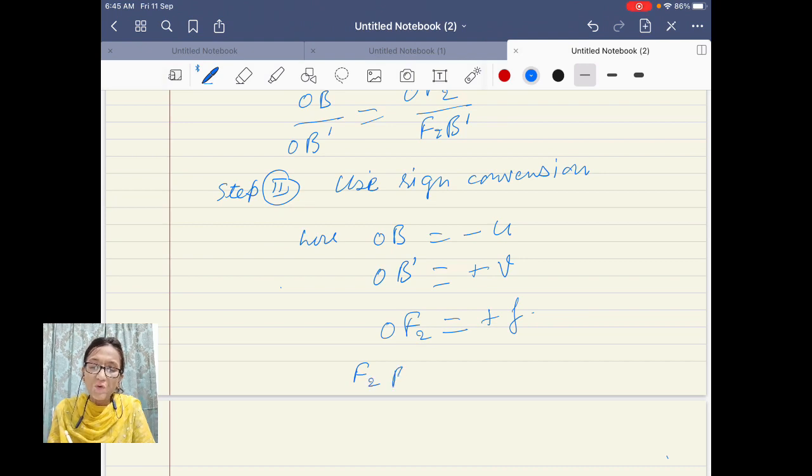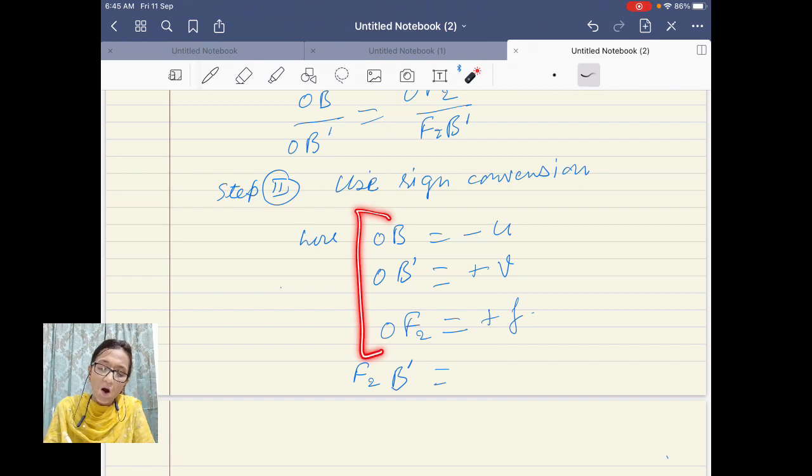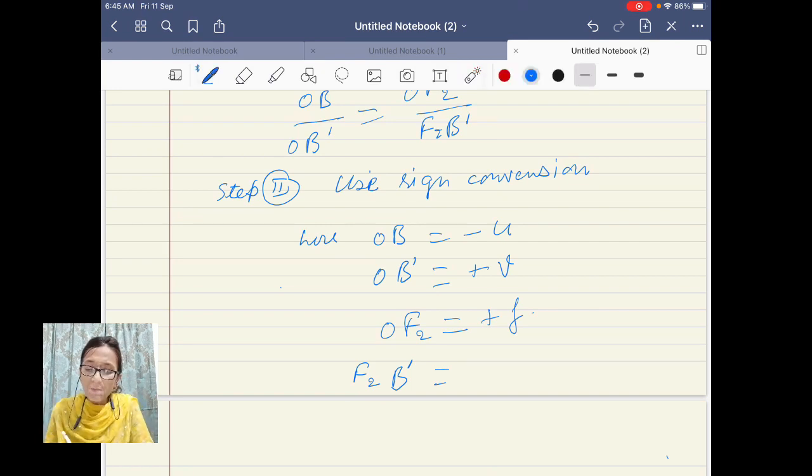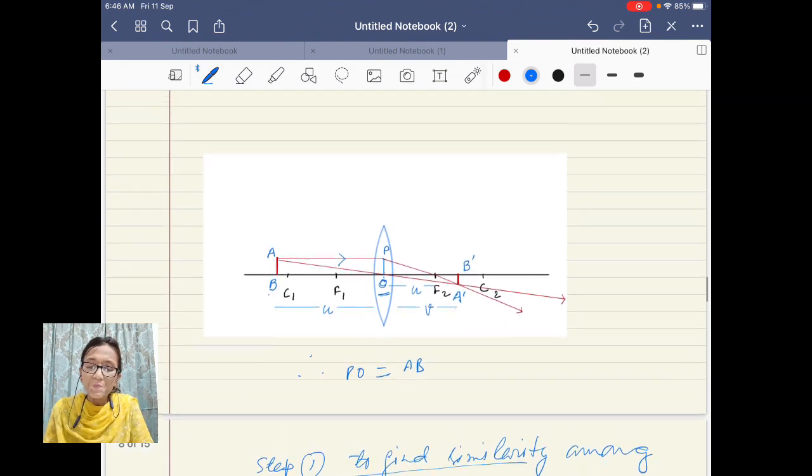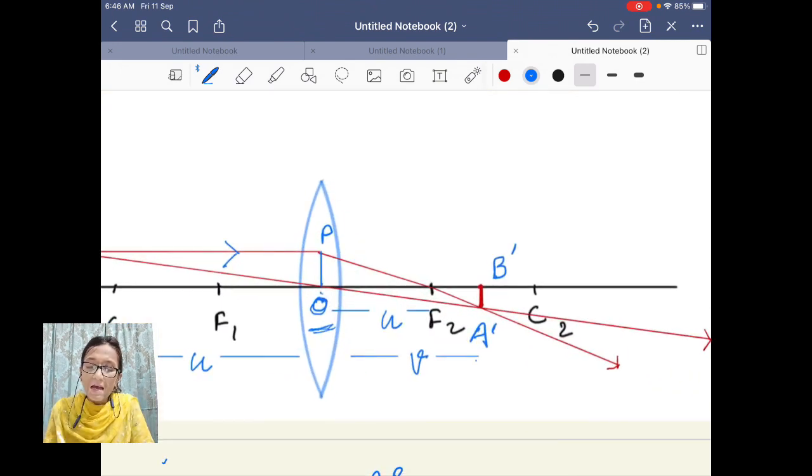Now F2B'. Up to here you could see that all the distances are measured from the optical center only, but this distance is not from the optical center. So I'll change this distance in terms of your optical center. How could you find this F2B'?